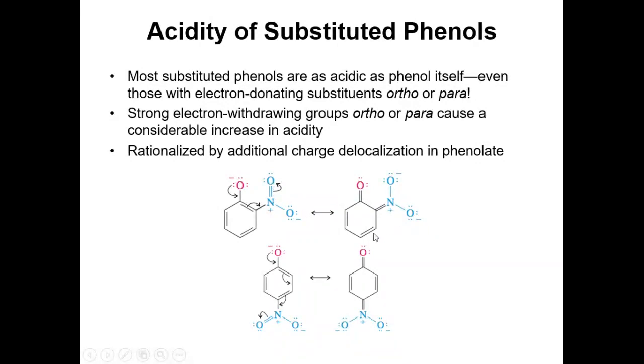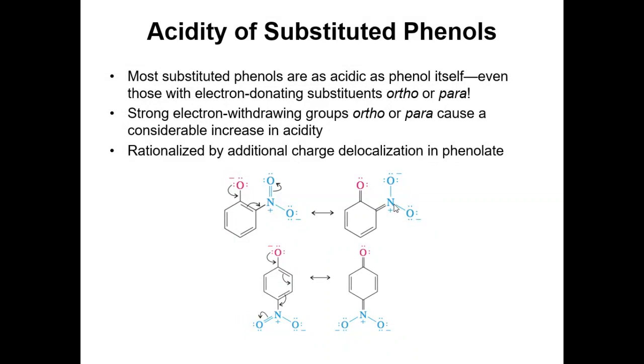So the negative charge can delocalize all the way into the nitro group. And as we know, the nitro group is a very, very powerful electron withdrawing group, so it will be happy to accept the negative charge.